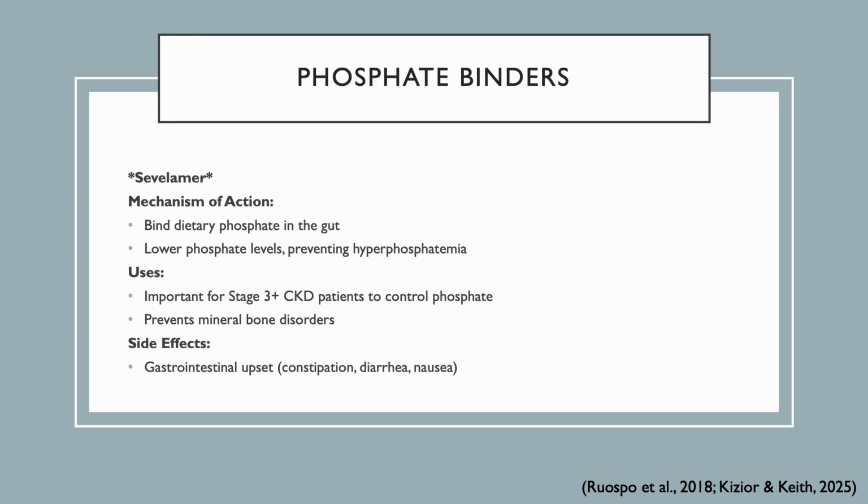Phosphate binders are especially crucial for patients with stage 3 or higher CKD, where phosphate levels can become elevated. Managing phosphate is important to prevent the development of conditions like osteodystrophy, which involves bone disease and mineral imbalances.